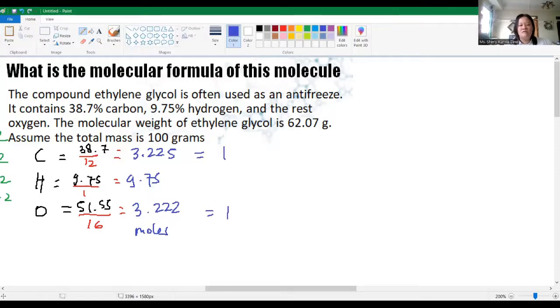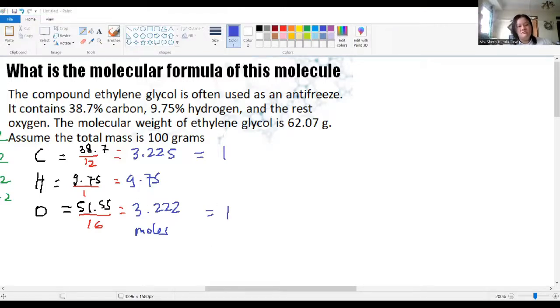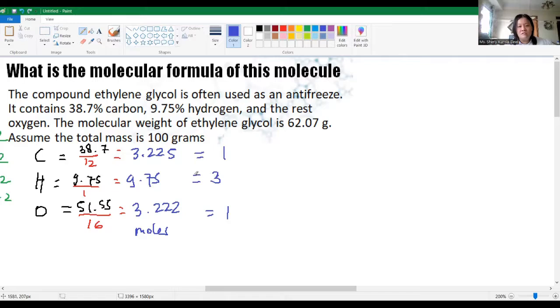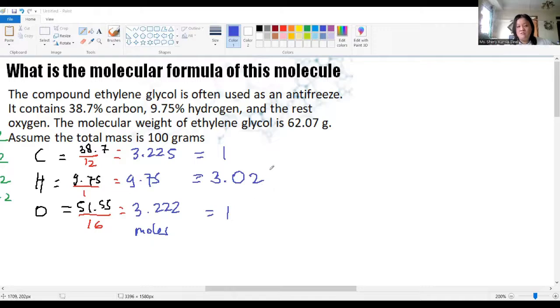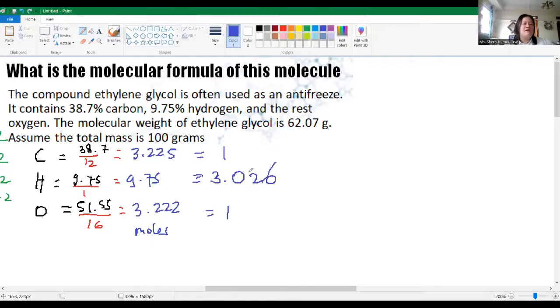And I will use the moles of oxygen: 9.75 divided by 3.222, that is 3.026. We can conclude it's 3 because it's less than 5.